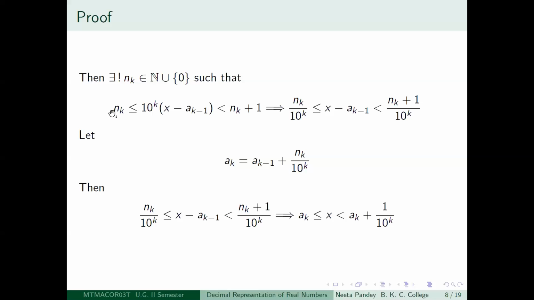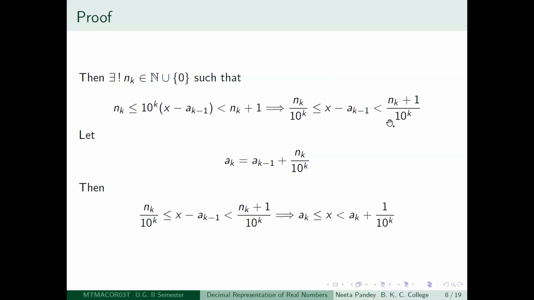Let nk be the unique non-negative integer so that nk is less than or equal to 10 to the power k times (x minus ak minus 1), and that number is less than nk plus 1. Once you have got this, you just divide by 10 to the power k, and you will get this inequality, and the recursive definition will be that ak is equal to ak minus 1 plus nk divided by 10 to the power k.